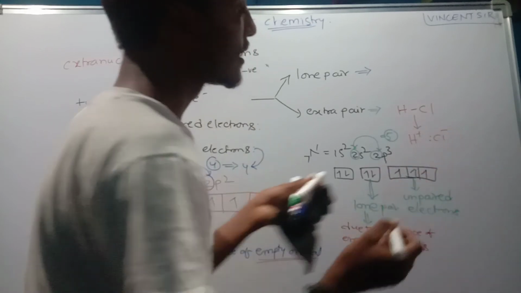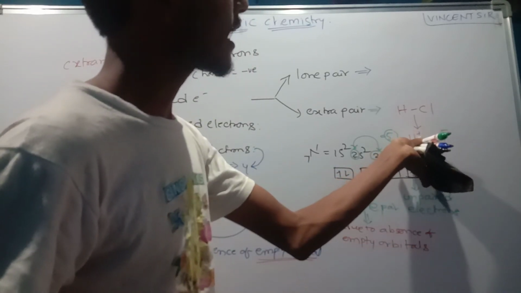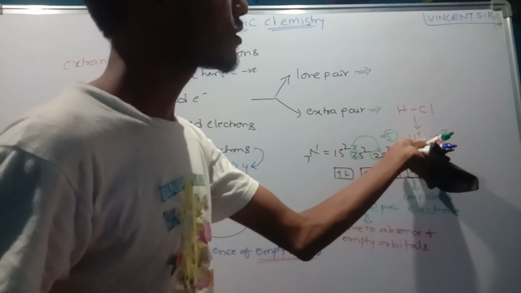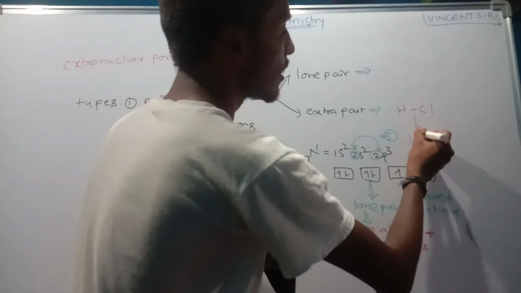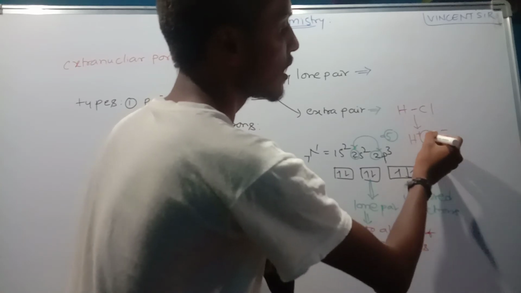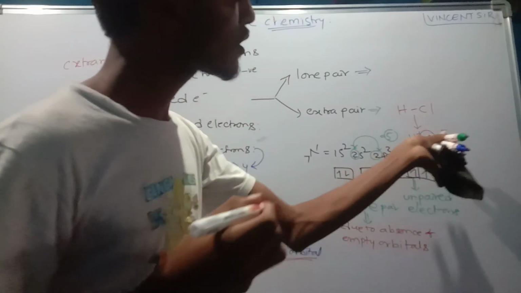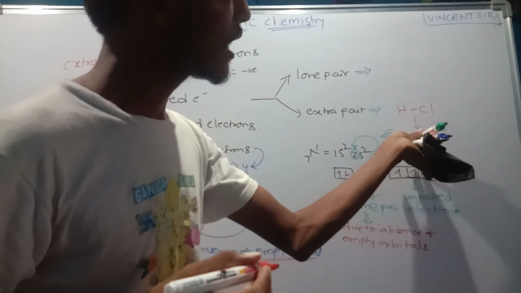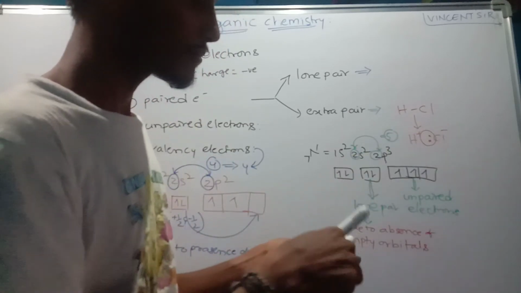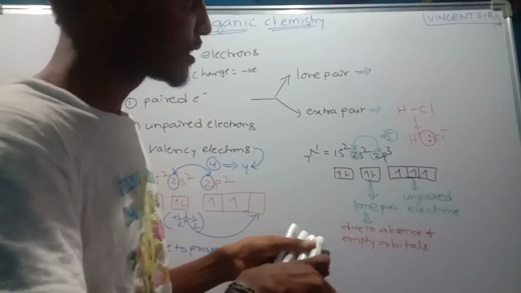Now this chlorine traps the electron from the hydrogen. That's why this chlorine has one electron of the chlorine and one electron of the hydrogen.